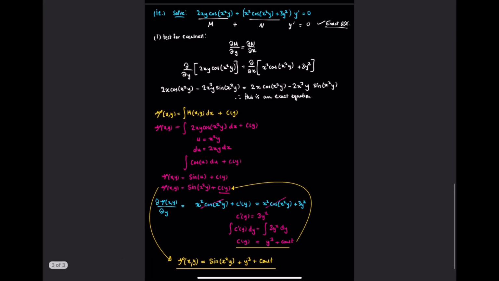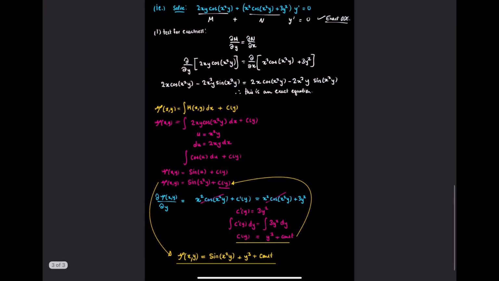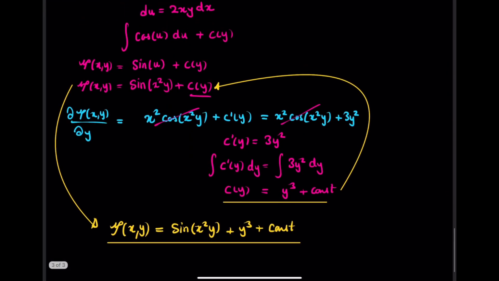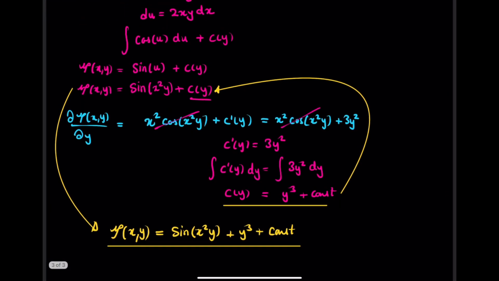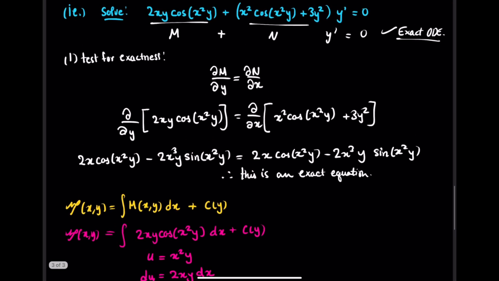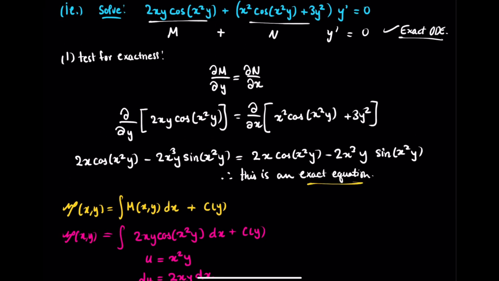Okay, now let's do another example. But before we do the next example, we're going to talk about the case when the test for exactness fails. So in this example, the test for exactness passed, right?